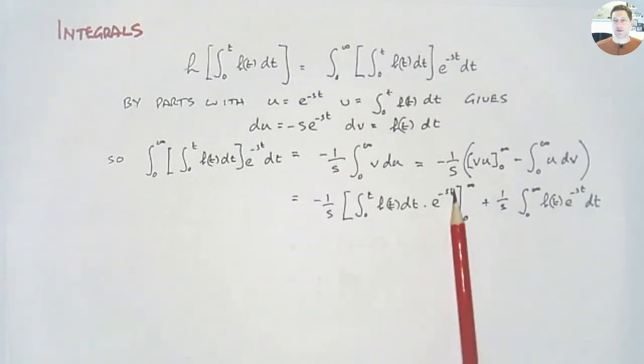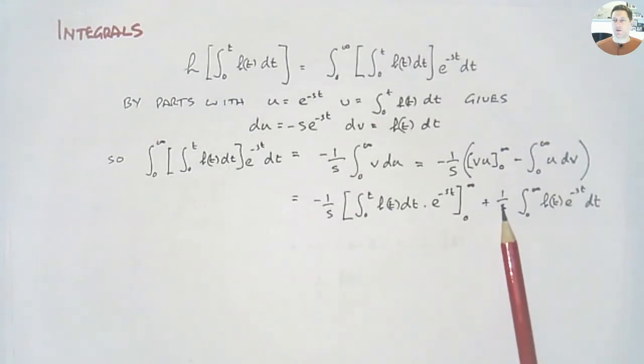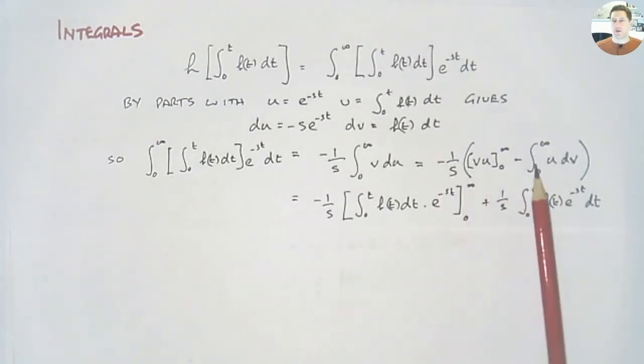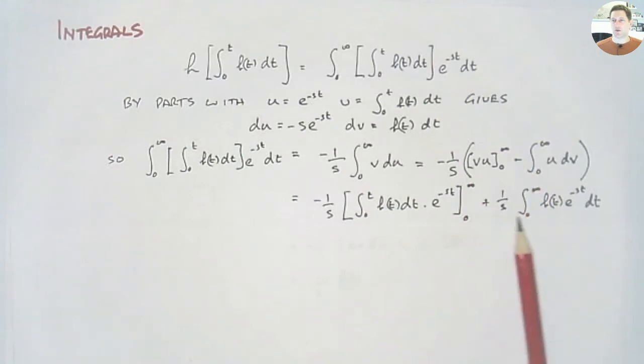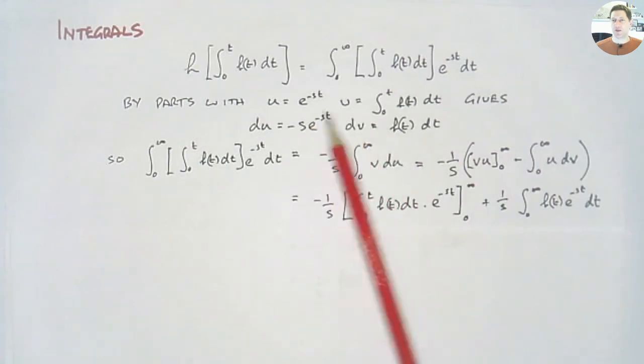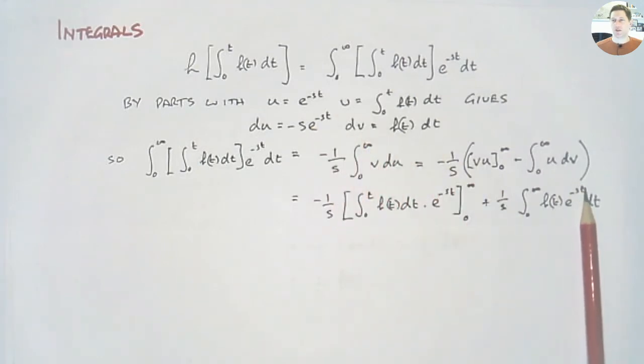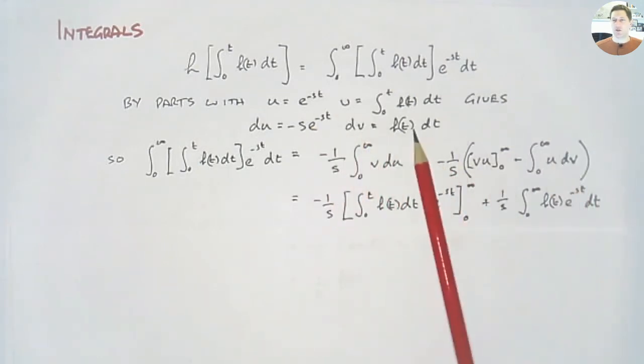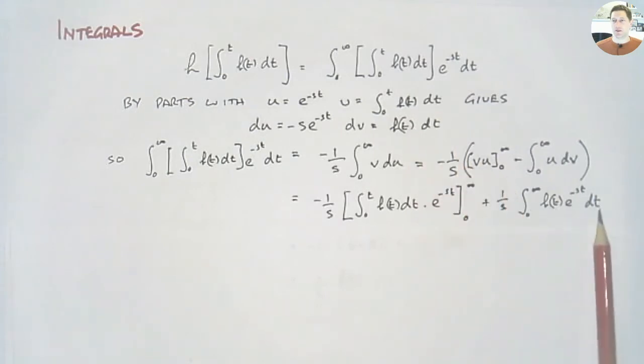So we look at that term from limit 0 to infinity. Now we've got our minus 1 over s multiplied by minus 1, so it's positive 1 over s, integral of u dv, so u is equal to e to the minus st, and dv is equal to f(t) dt.